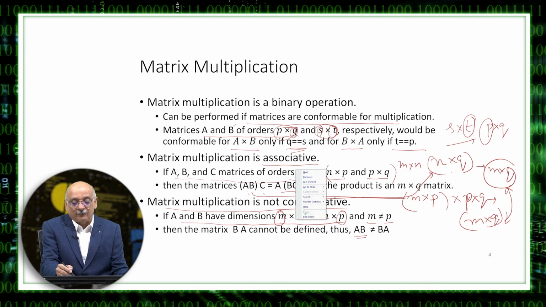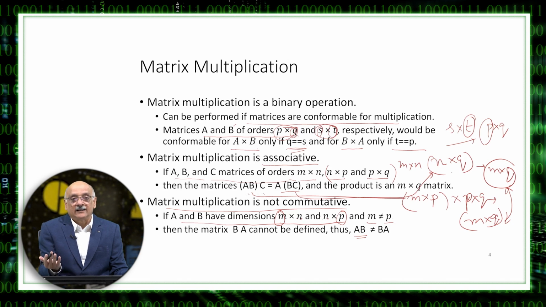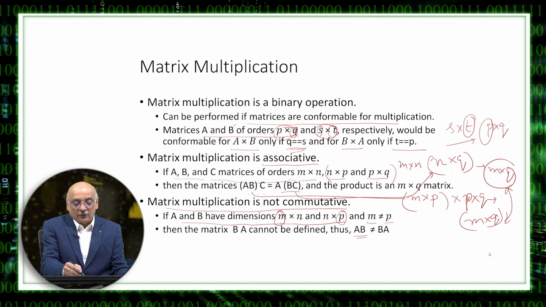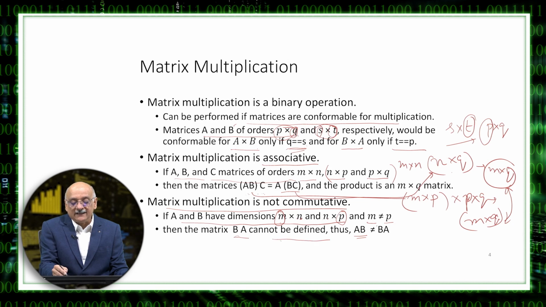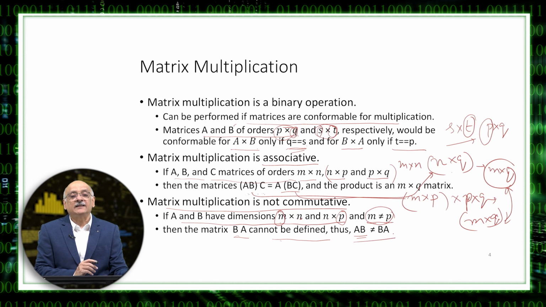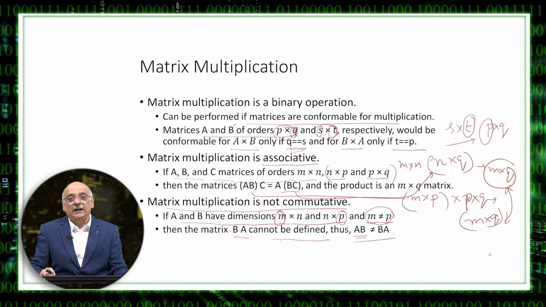For conformable matrices, obviously these should be the same, and they are N. So we will produce an M cross P result. However, BA cannot be defined since M is not equal to P. Therefore, AB is not equal to B multiplied by A. So that is a typical property.